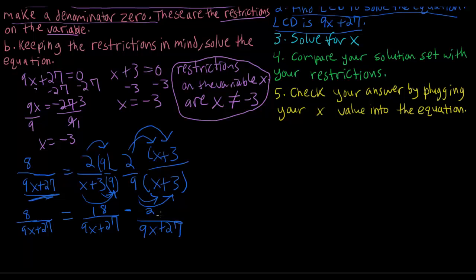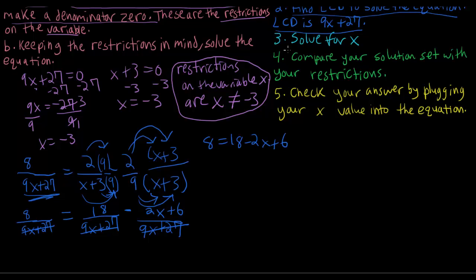So minus 2x plus 6. And since our denominator is the same, we can get rid of that for this equation. And that leaves us with 8 equals 18 minus 2x plus 6.